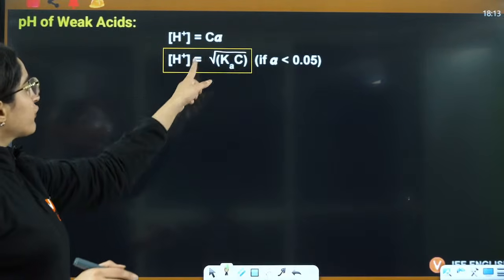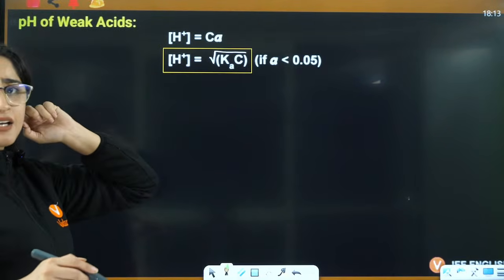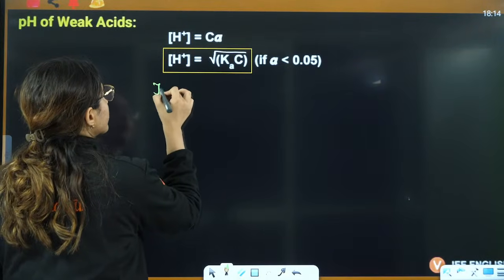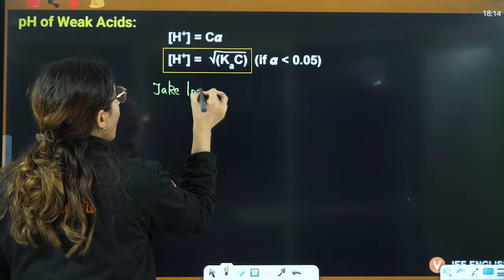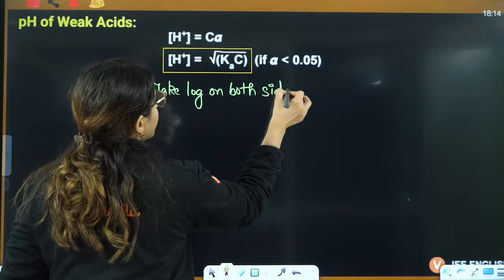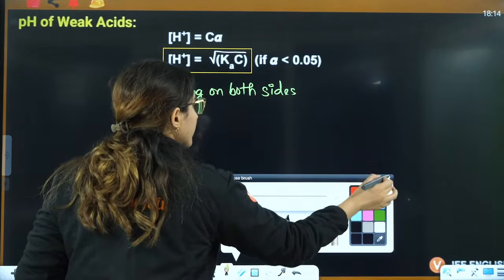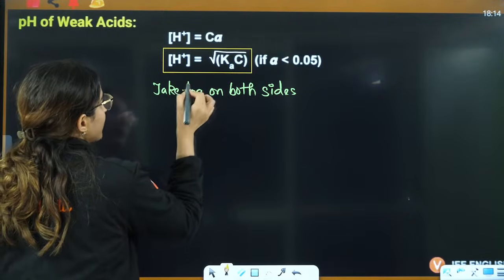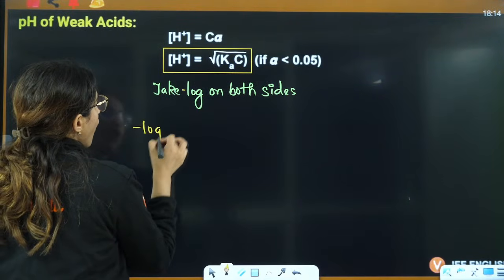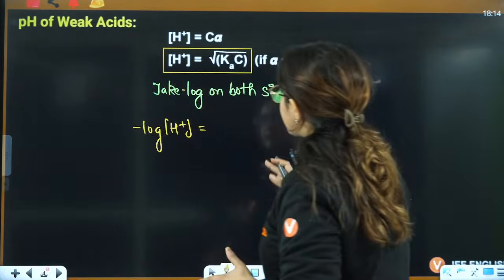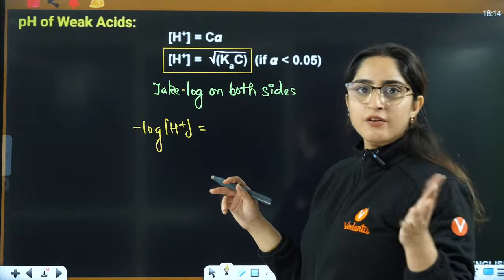Now, H positive concentration is under root of Ka into C. Now what you have to do, take log on both sides. Let's take negative log, minus log H positive, which is whole raised to power half.